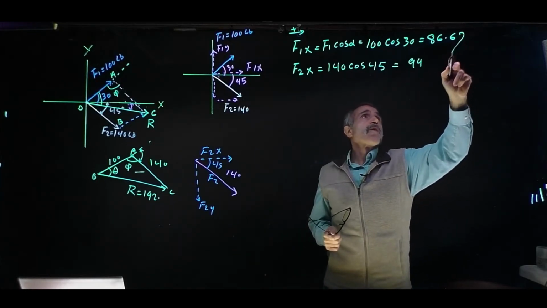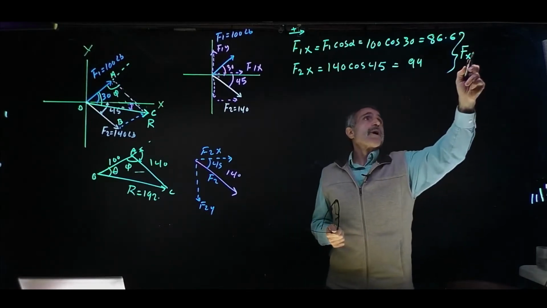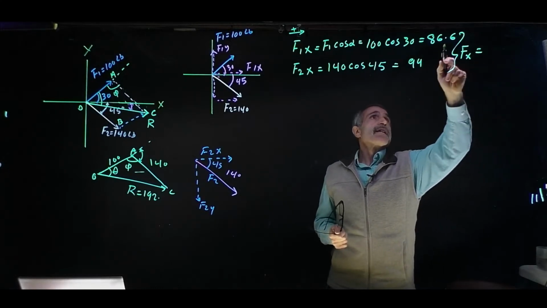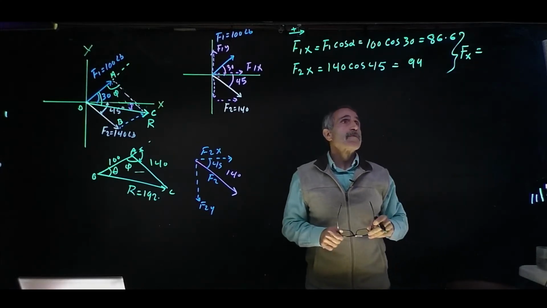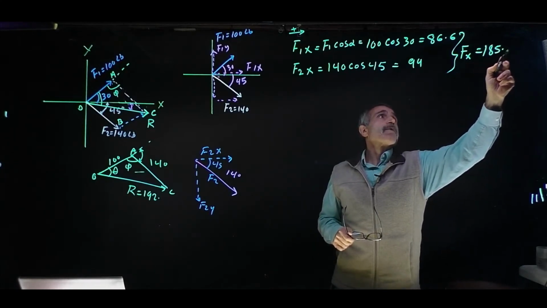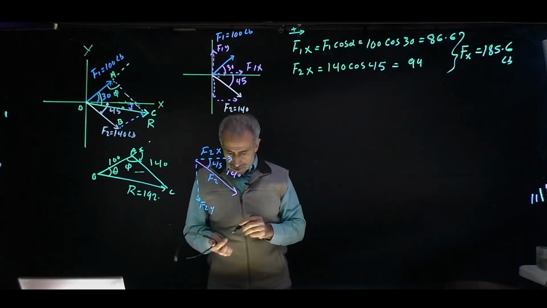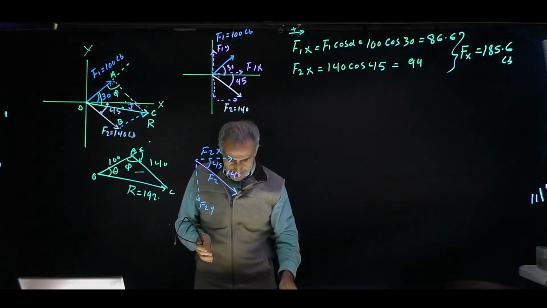So now Fx, combining both of them, comes out to 99 plus 86, that comes out to 185.6 pound.